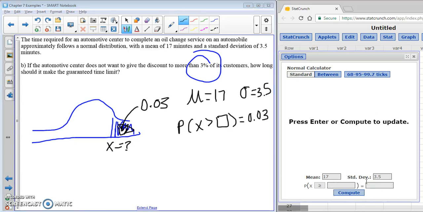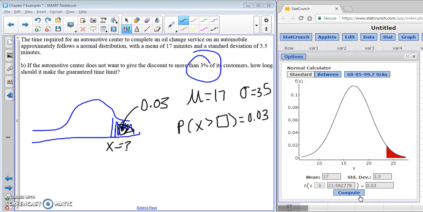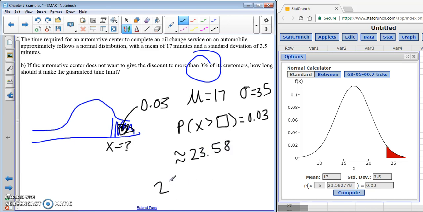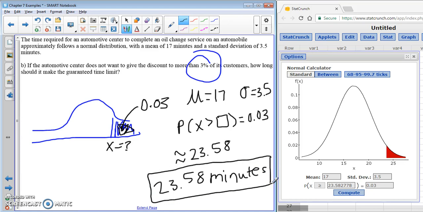So I'm going to type in that 3% that they would want to give the discount to. And we get approximately 23.58. So we're looking at about 23.58 minutes here. So kind of lower the percent they're giving the discount to.